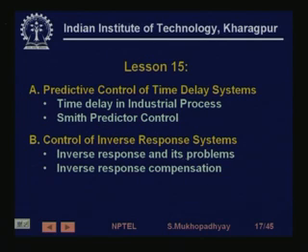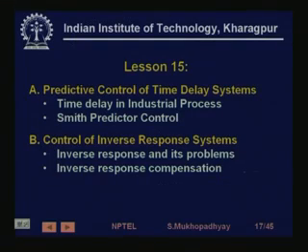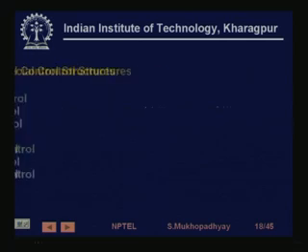In such situations, some special control structures are actually required for effective control of the processes. So, we looked at these two particular kinds of processes, namely time delay systems and inverse response processes, and then introduced some particular control structures which are used for controlling these.